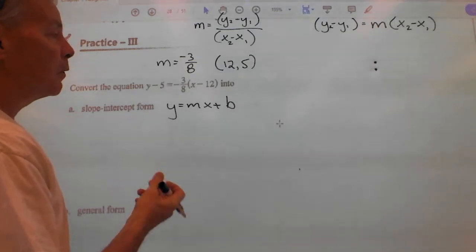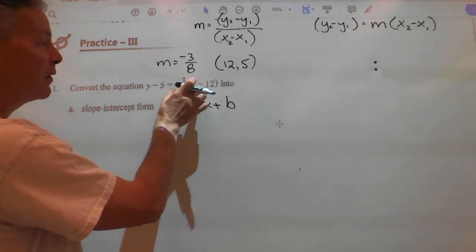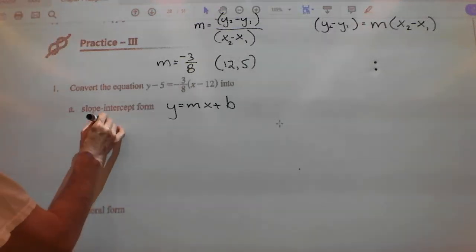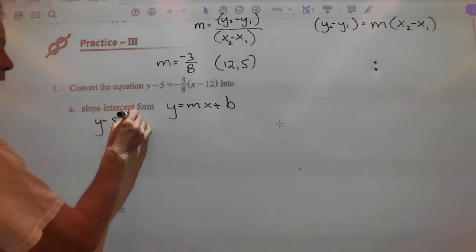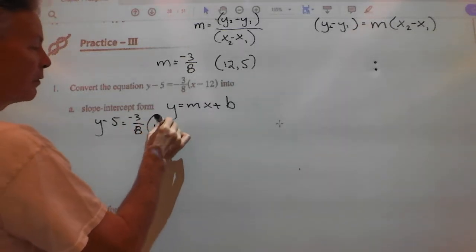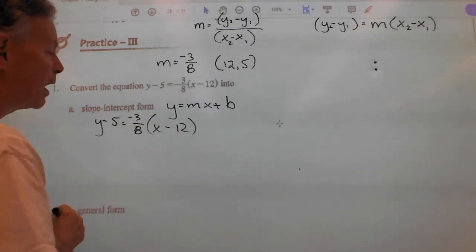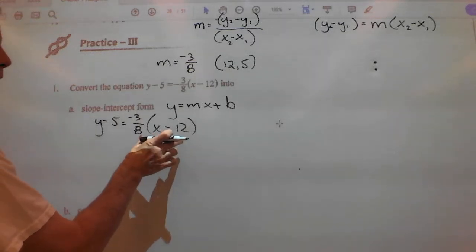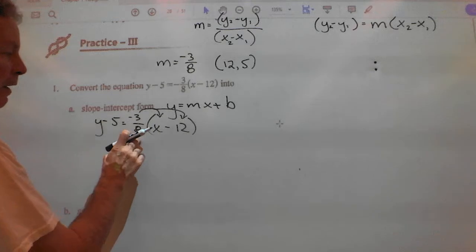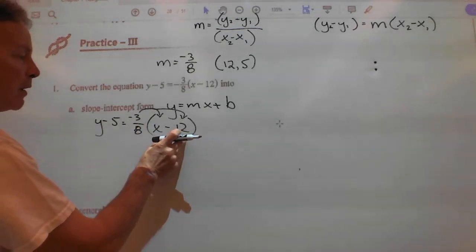Okay? And so what you want to do is simplify the right side and the left side as much as you can. So we're just going to write this out. y minus 5 equals negative 3/8 times x minus 12. Okay? So you're going to want to simplify the right side. And we do that by distributing the number in front of the brackets by everything inside the brackets.